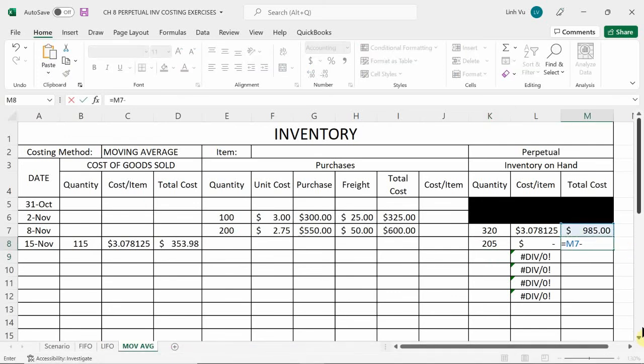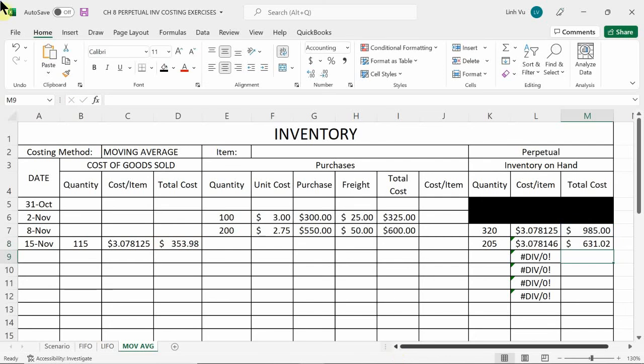And then if I started out with 985, and I sold 353.98, how much should I have left remaining as my total cost? $631.02.